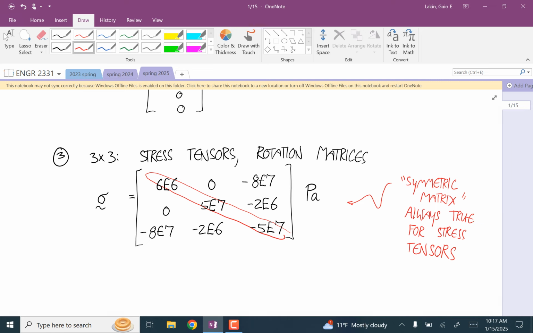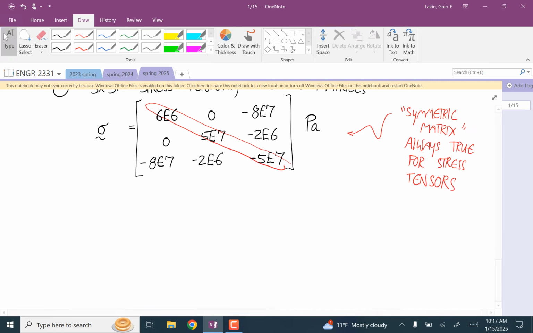And then the last one, unfortunately, that we're going to see a lot is a 6x6 matrix. And this is the reason why you're going to want to do these calculations on a calculator instead of by hand. I mean, this would just be brutal to do by hand over and over again.